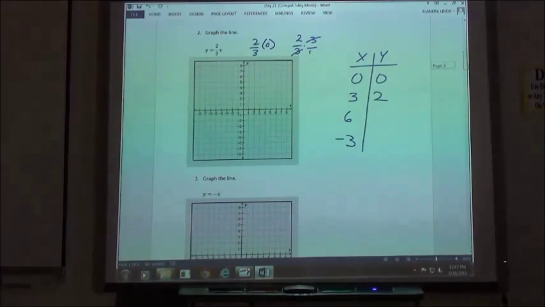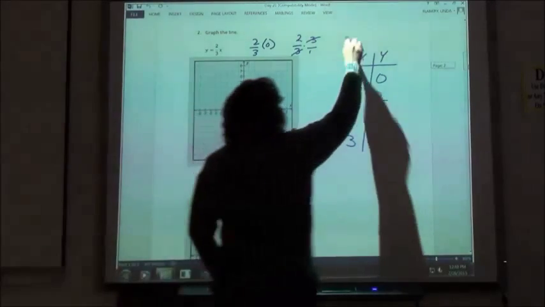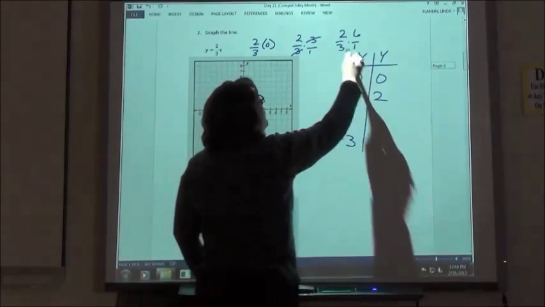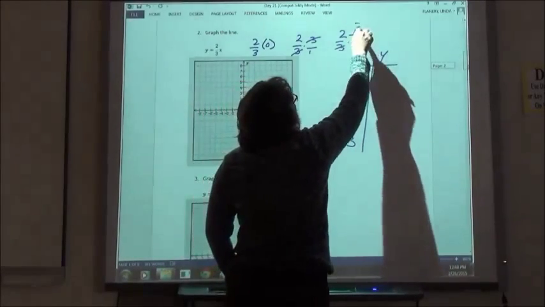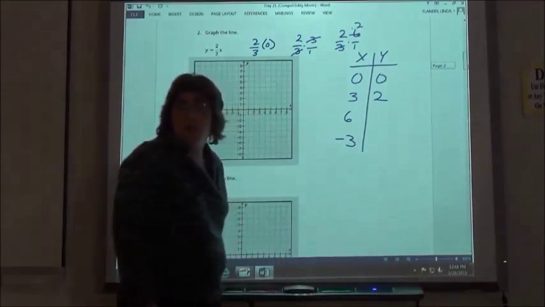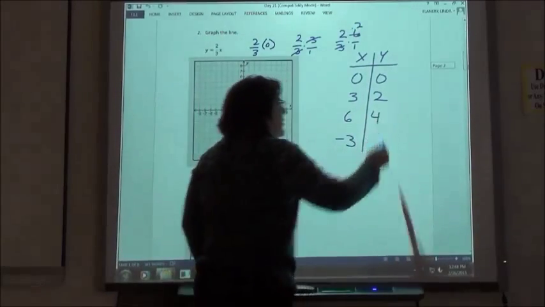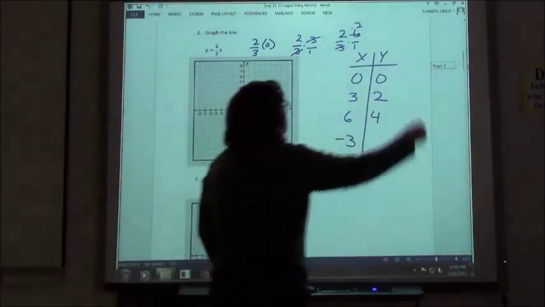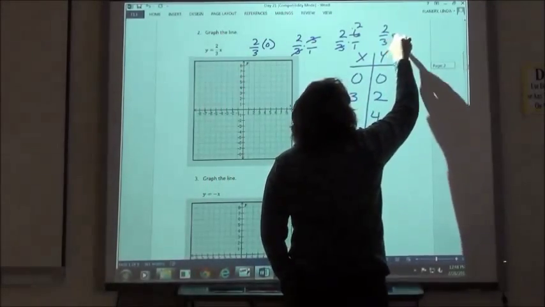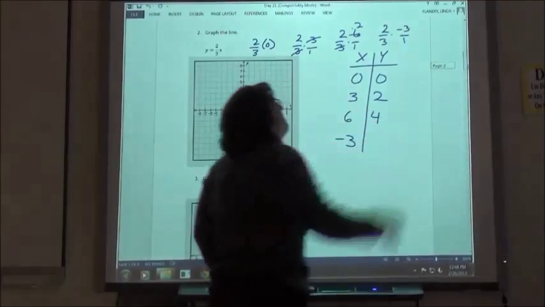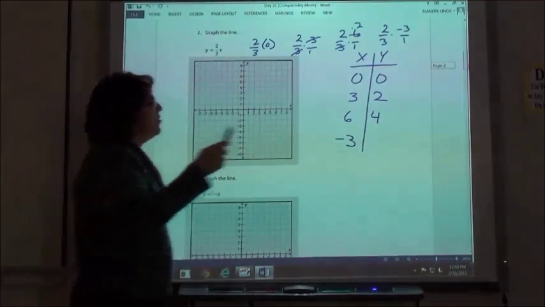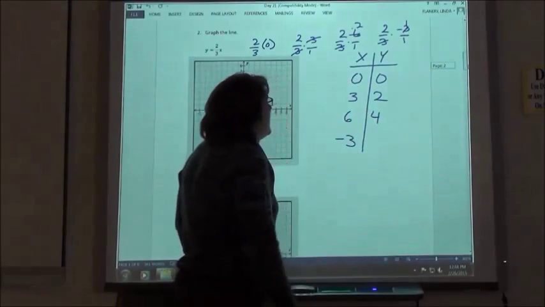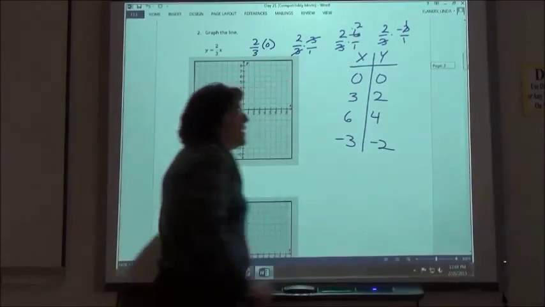And so I get 2 over 1, which is 2. 2/3 times 6, which I could put as 6 over 1. 3 goes into 6 2 times. 2 times 2 is going to give me 4. If I take that 2/3 times my -3, 3 goes into 3 one time, but that's a -1. 2 times -1 would give me -2.